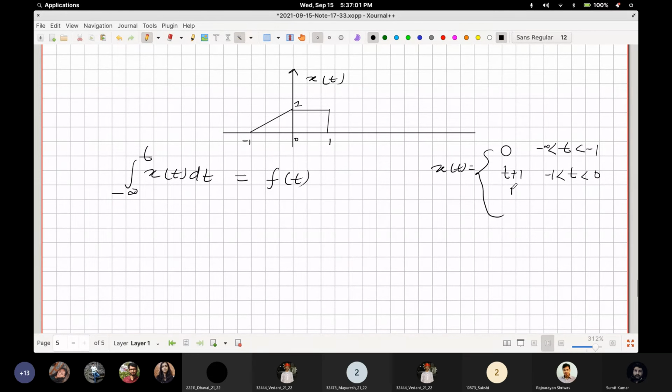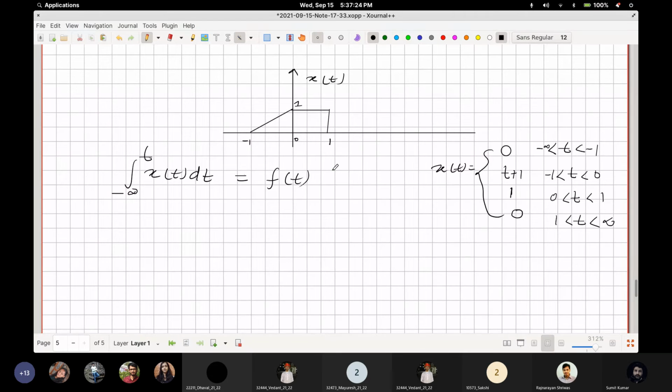After that it is equal to 1 between t equal to 0 to 1, and then after that it's again equal to 0 between t equal to 1 all the way up to infinity. So this is a piecewise function. Similarly, if you integrate this, you will end up with a piecewise function only, f of t.